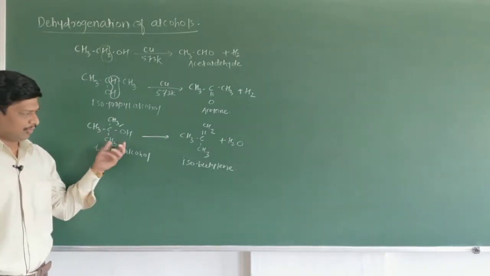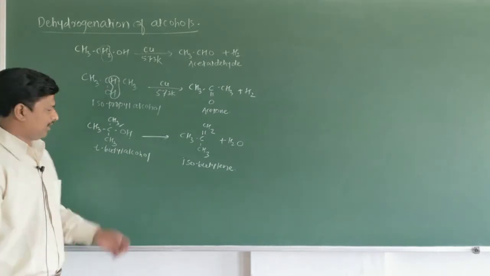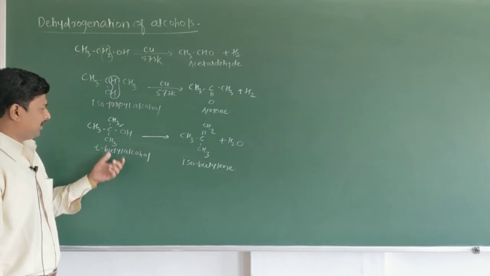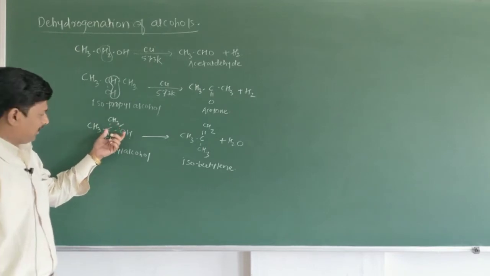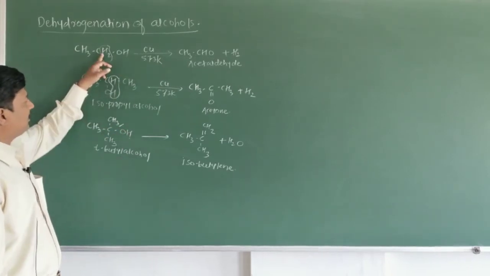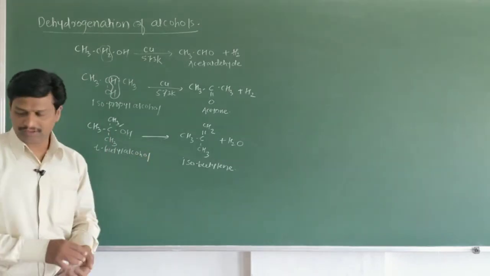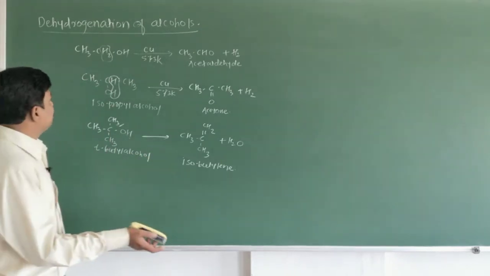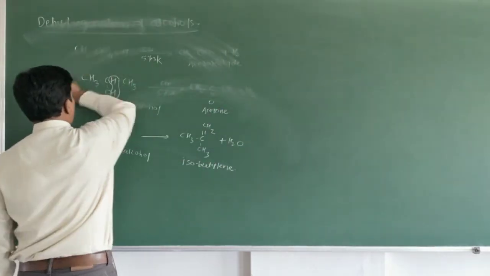Therefore it undergoes dehydration to form alkenes. Here the alpha hydrogen atom means the hydrogen atom is not directly attached to the tertiary carbon atom, just like in the primary and secondary alcohols. Therefore it undergoes dehydration. So this will be the dehydrogenation of alcohols.